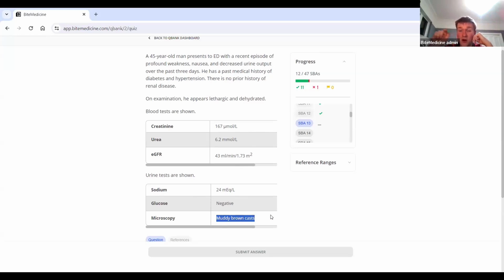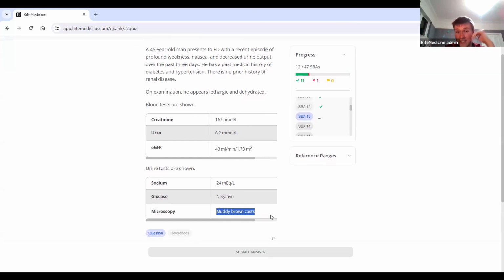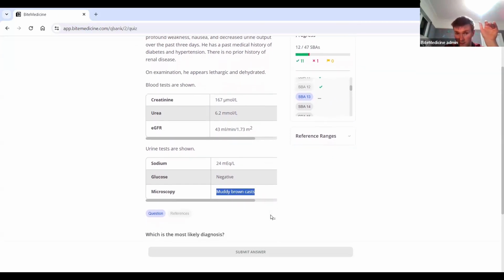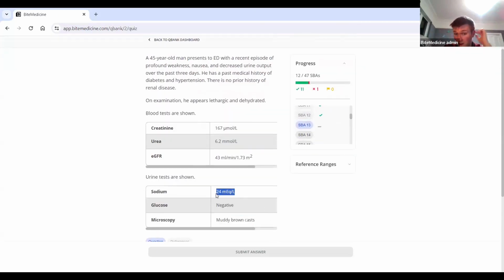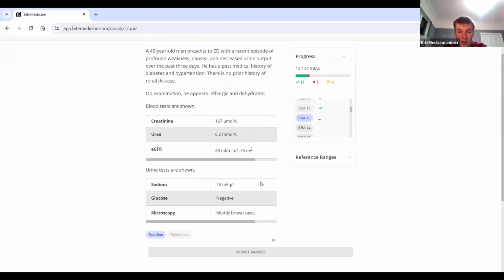That is a pathognomonic description of a disease. And I think as a result, this patient has to have acute tubular necrosis. It's backed up further by the fact they've got raised urinary sodium, which we talked about earlier. They've got a reduced kidney function, which fits with AKI and acute tubular necrosis.